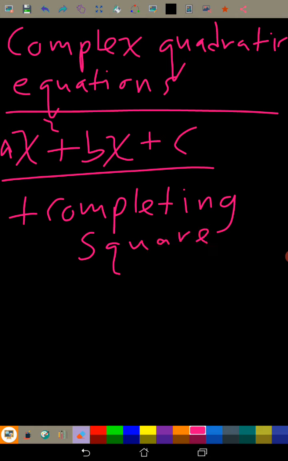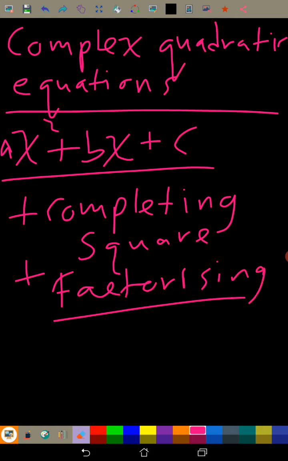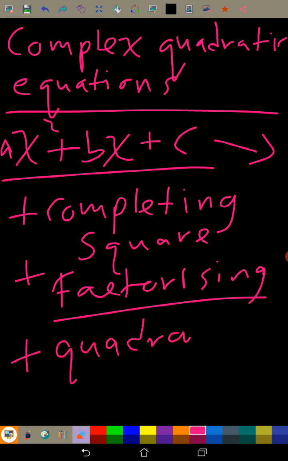We know that we can factorize to have the set of solutions for this, or if it's not, we can use completing the square, or we can also use the famous quadratic formula.